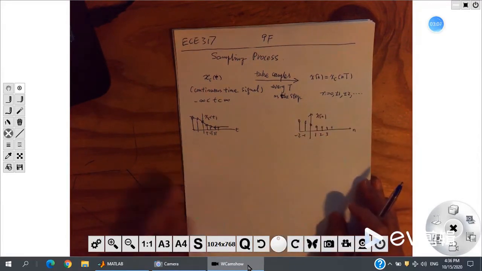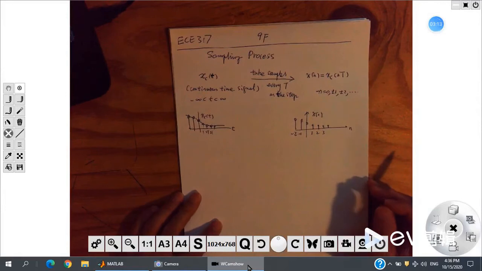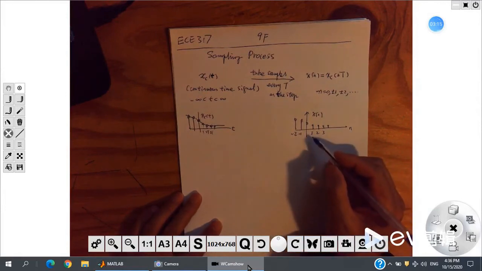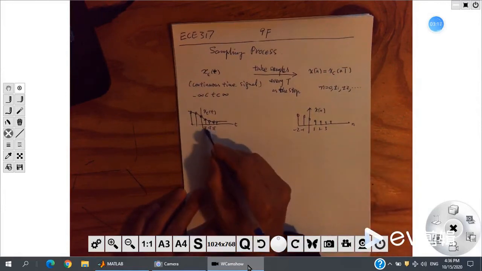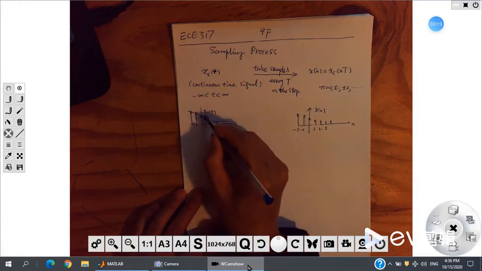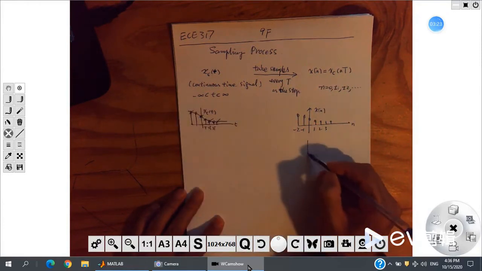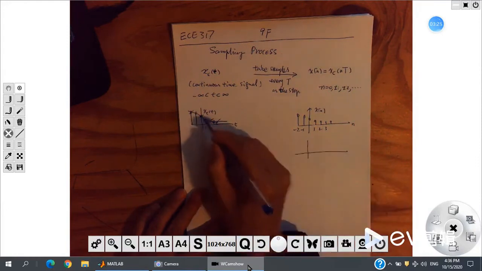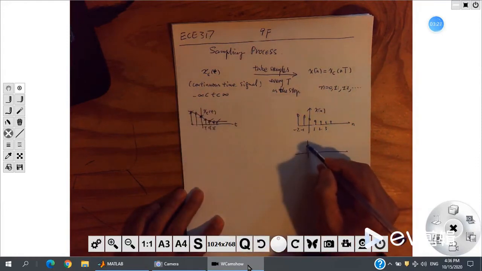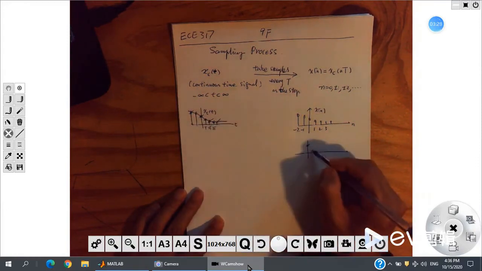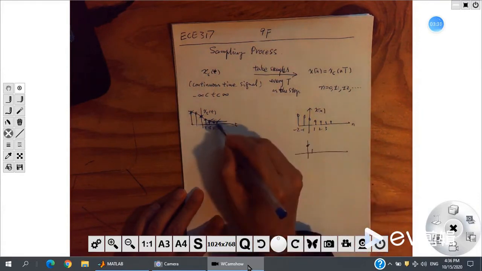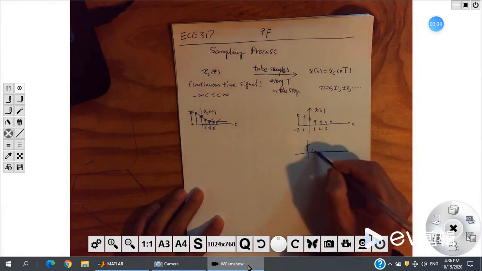Then of course there is something different. If you use a smaller T or a larger T, then the samples will look different. For example, if you double the T, you will have these as samples. This value is the same, and the second will be here, and the third one will be here, right?